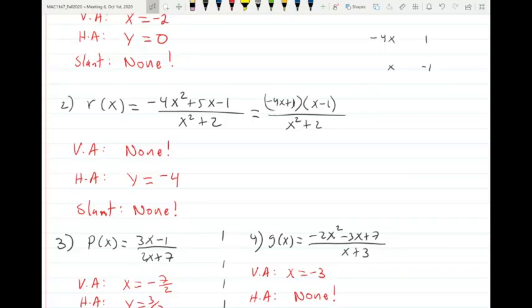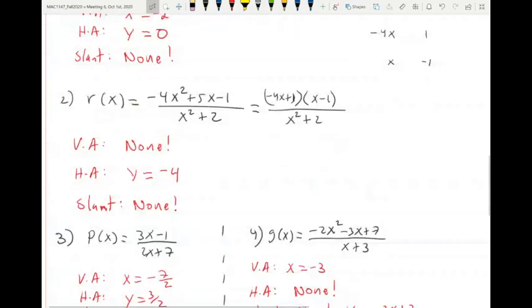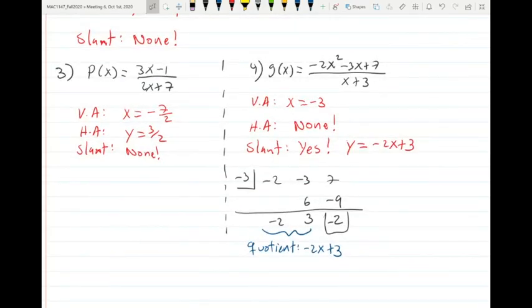What's the leading coefficient of the top? Negative 4. And the leading coefficient of the bottom? Oh, that's right. You find the ratio. Yeah. All right, so it will be negative 4 over 1, which is negative 4. Oh, true. Okay, yeah. Thank you. Okay, no problem. All right, so are we good in finding asymptotes?